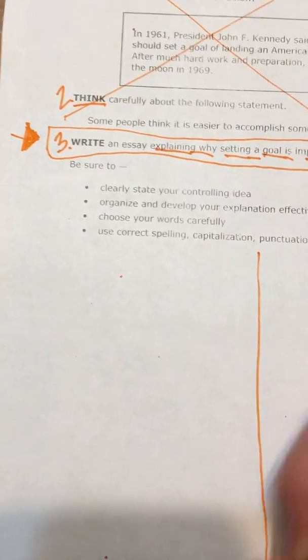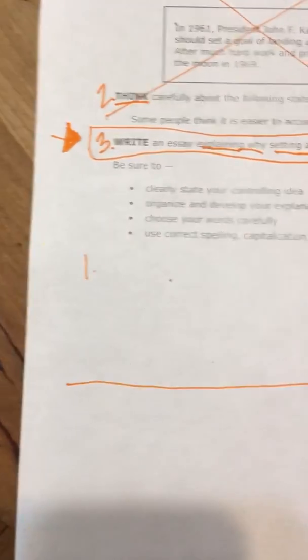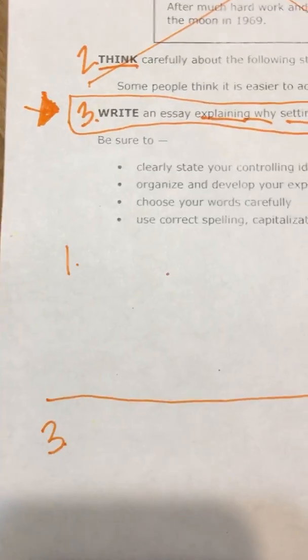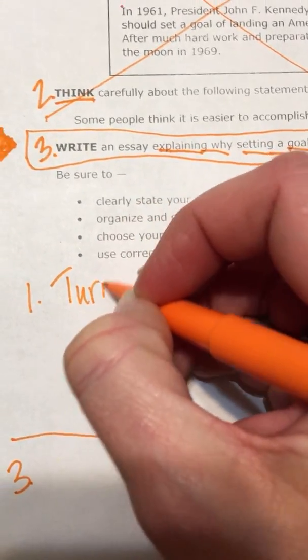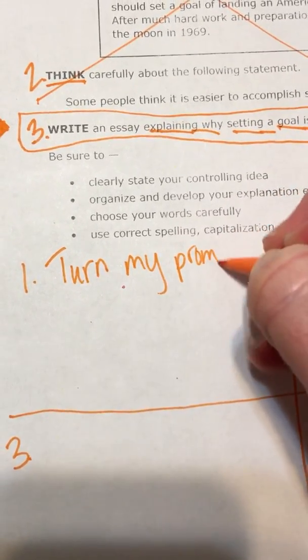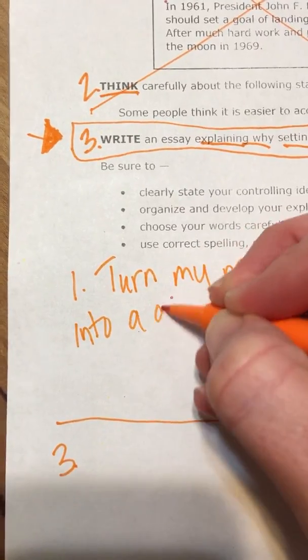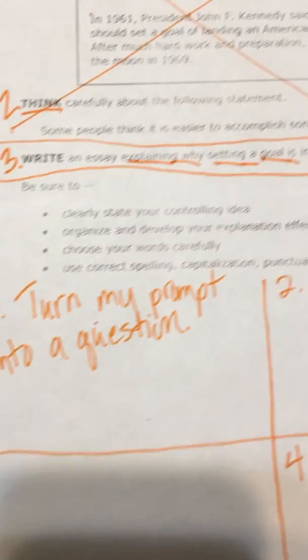Okay, so now how do I get from this prompt to an entire essay? First, I'm going to quickly draw 4 boxes down at the bottom of my page, and I'm going to number them 1, 2, 3, 4. Okay, so the first thing I'm going to do is turn my prompt into a question. Now I'm going to look at that prompt again, okay?